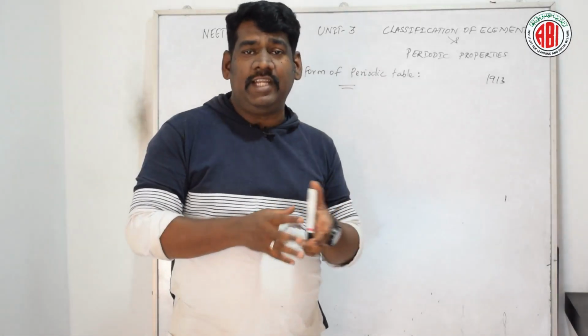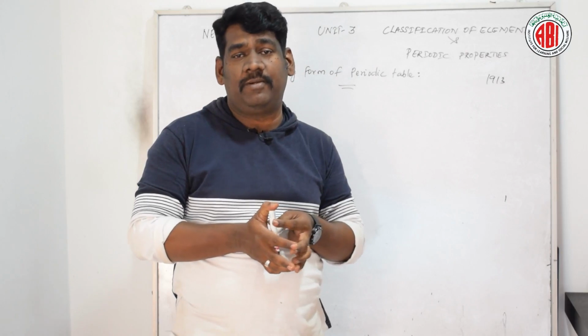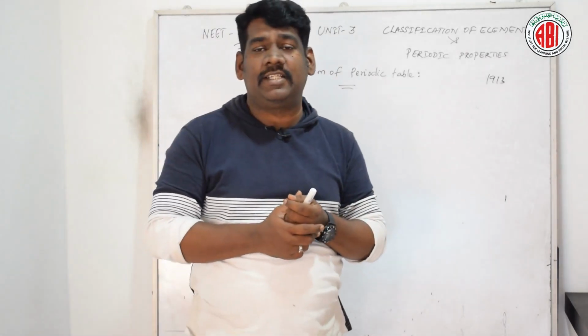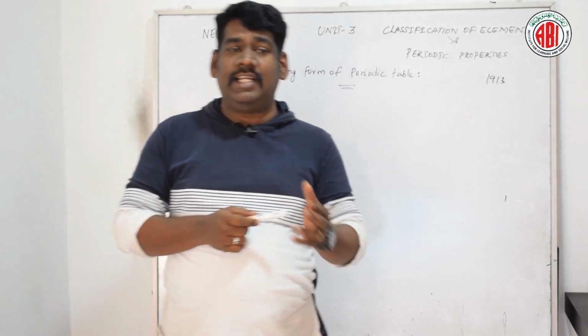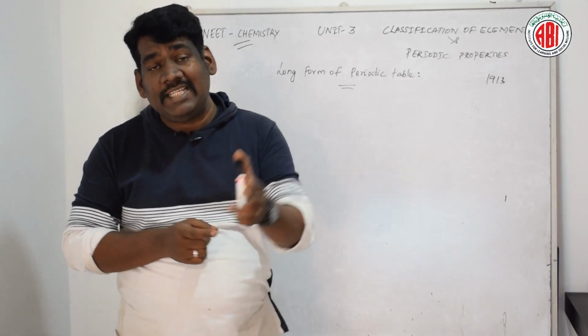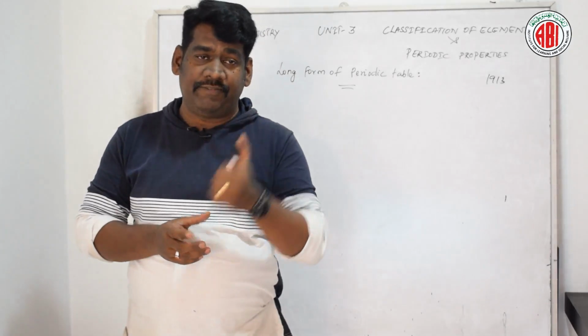The most widely used periodic table nowadays is called the long form of the periodic table. It is constructed on the basis of the repetition of the electronic configuration of atoms when the elements are arranged in order of increasing atomic number, not atomic weight.